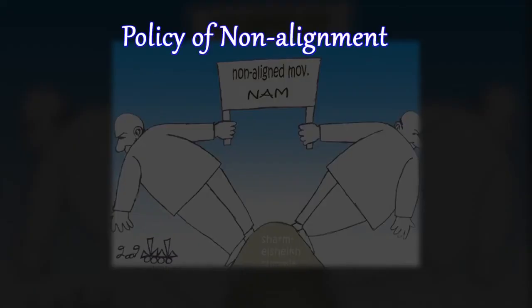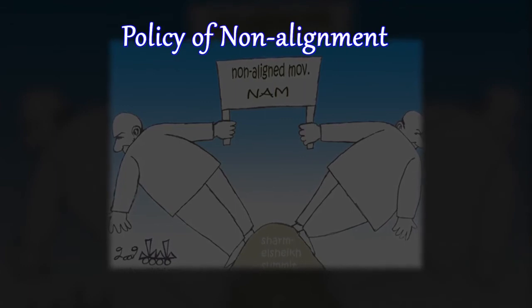So, to attain these objectives, the foreign policy that India has been pursuing constantly is known as the policy of non-alignment, though there have been changes in it to keep it relevant in the context of changes on the international scene. Now, what is the policy of non-alignment?